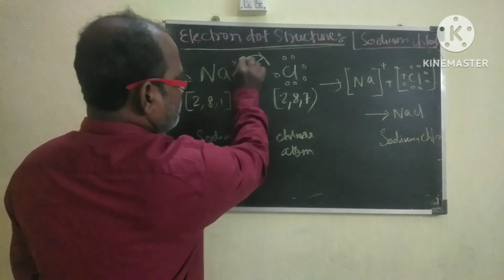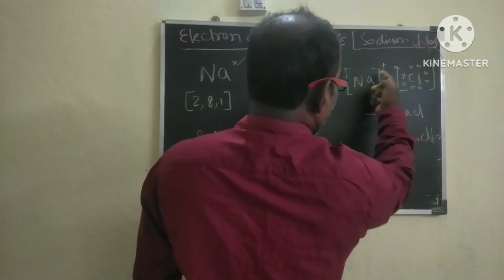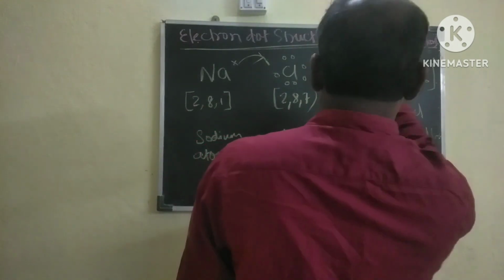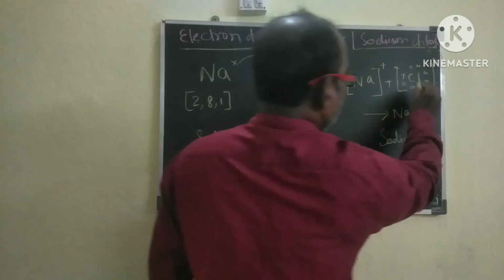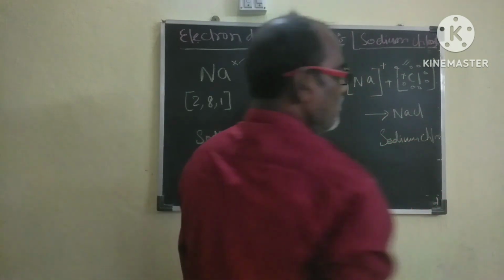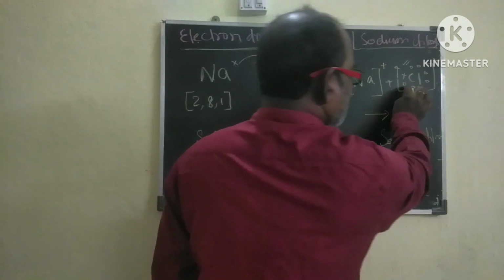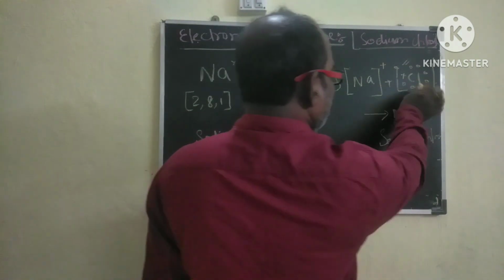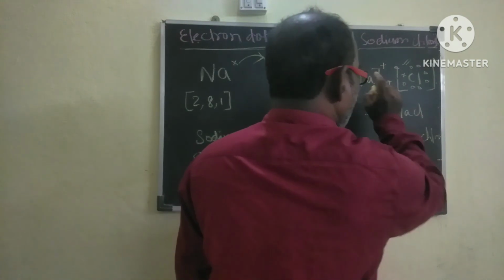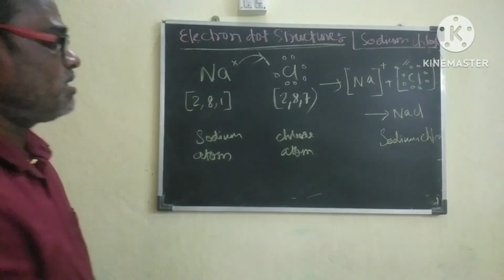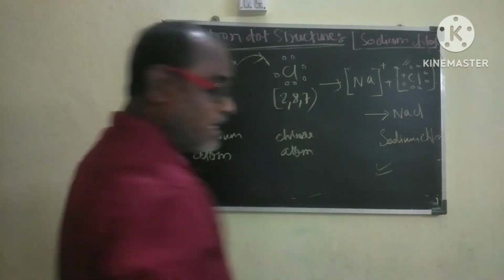There is a transfer of this electron towards here, and finally there is no electron after this. We have shown it with the plus mark. Then here, since this electron has been transferred over here, we are putting a cross mark. So you have to remember this properly. Don't put circles here, because the circle dot represents the valence electrons of chlorine, and this cross represents the valence electron which has been transferred from sodium. Have you understood, my dear students? So this is what you have to do, draw the electron dot structure in this way and get full marks.